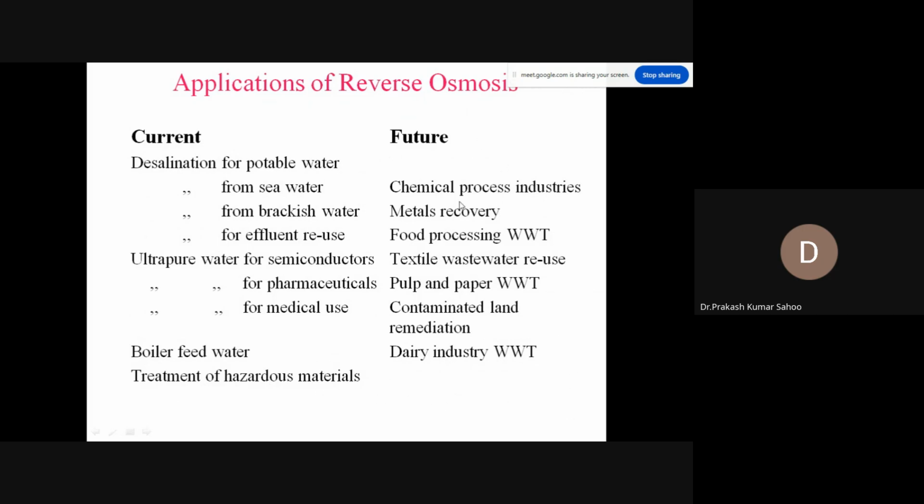In future, we have the chemical process industries, metals recovery, food processing, WWT, that is wastewater treatment, textile wastewater reuse, pulp and paper wastewater treatment, contaminated land remediation, and dairy industry wastewater.